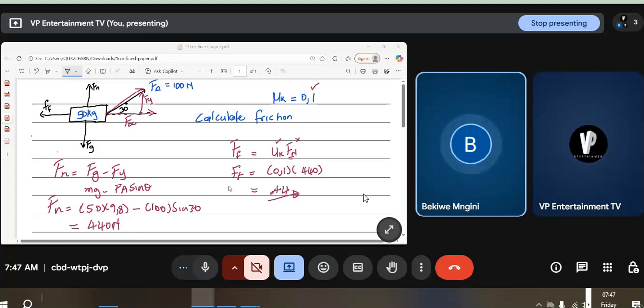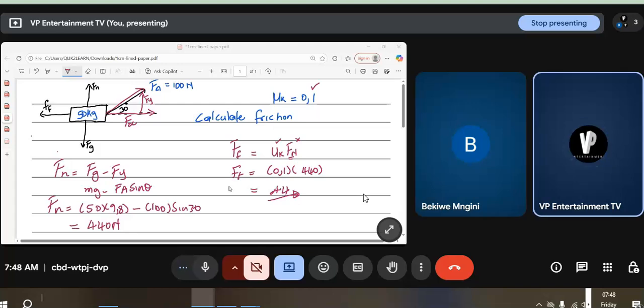Okay, so to conclude, I need to understand that if the applied force is either pulled or pushed, then I shall be using this formula of subtracting the vertical components to calculate my Fn.